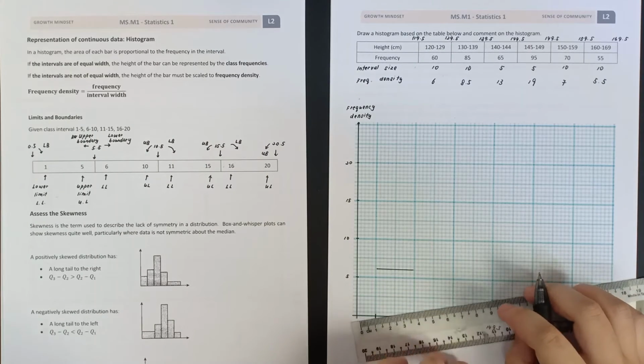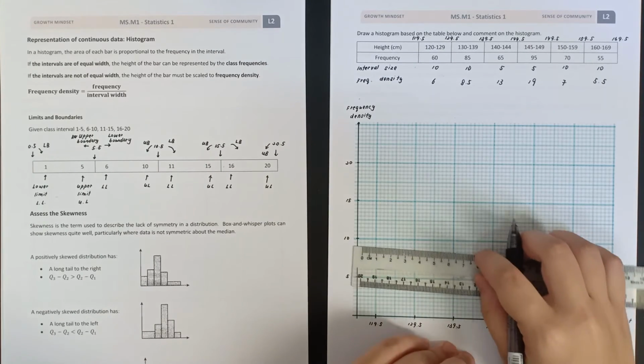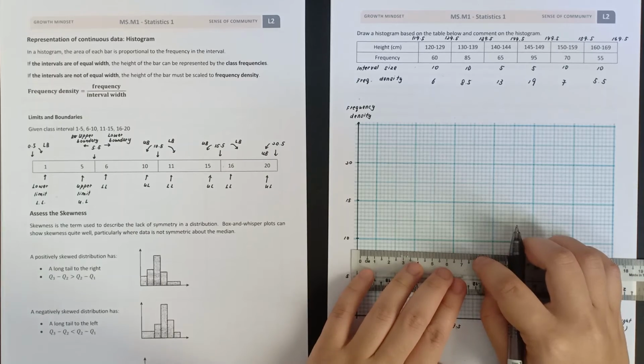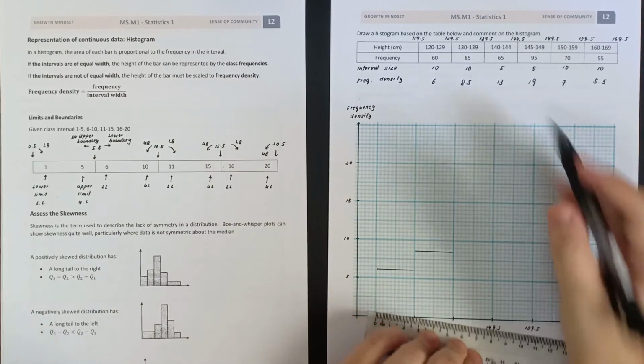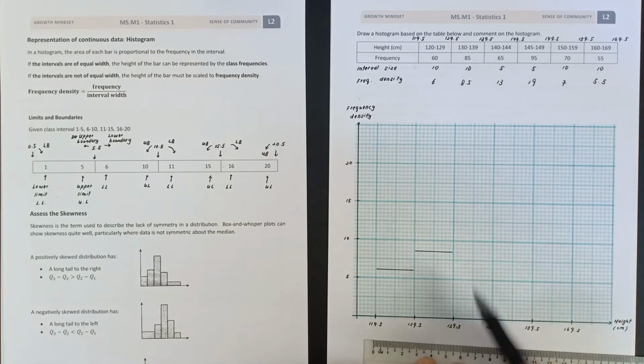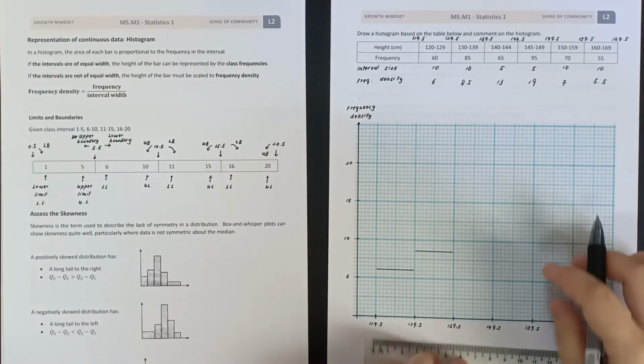Then after that 8.5. Then the next one, you remember this is the width 5 one, so it's from 139.5 to 144.5 only, so 13.